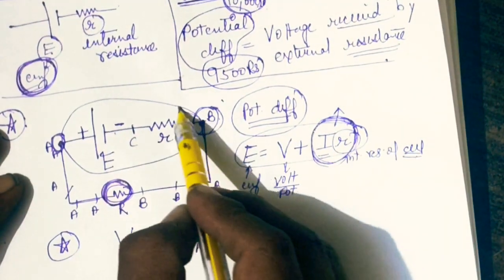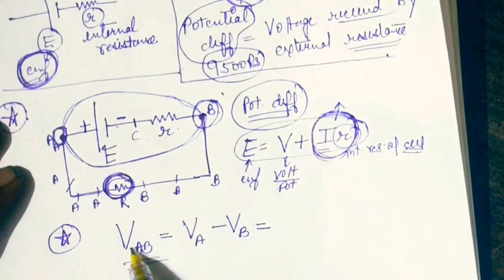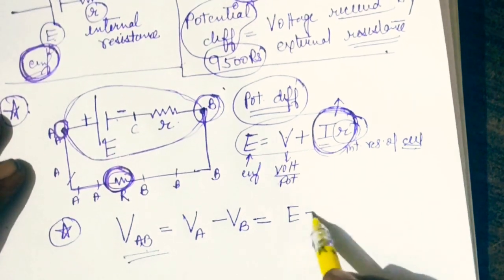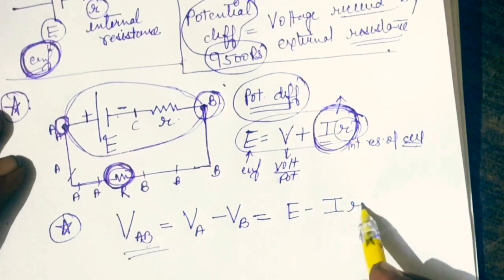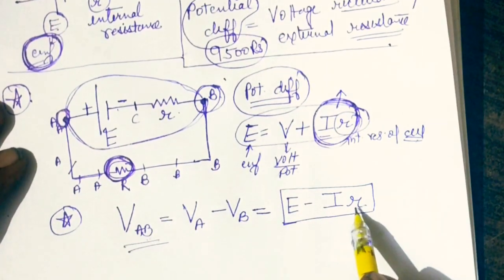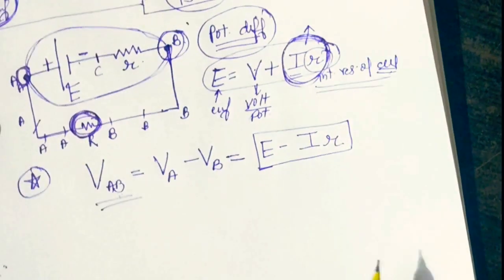This is the cell that is in packing. So potential difference across 2 points is given by the formula EMF minus I into r. And here you have to remember that r is the internal resistance of the cell and not the external resistance.